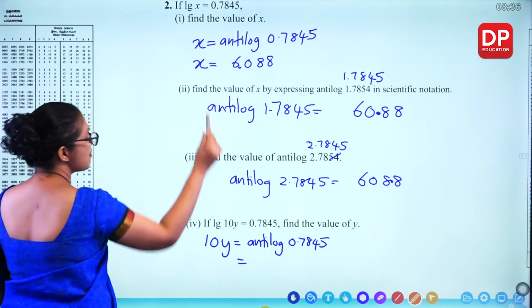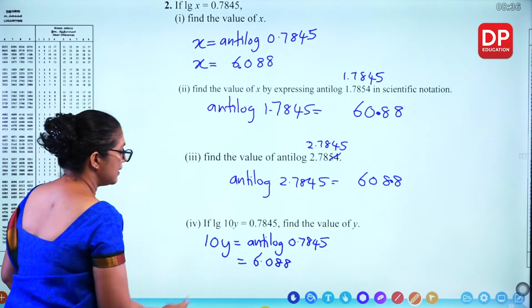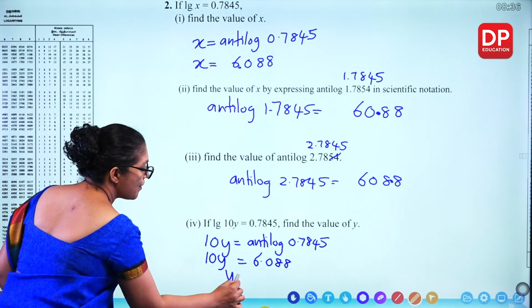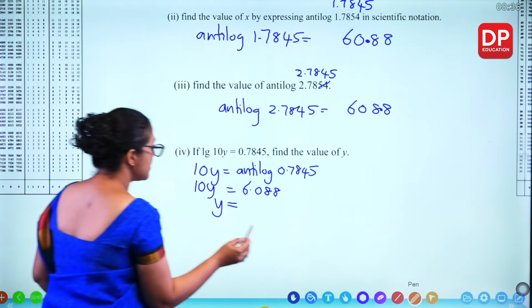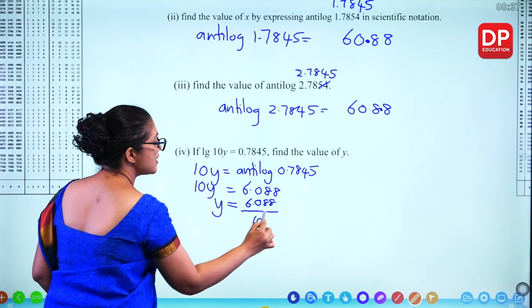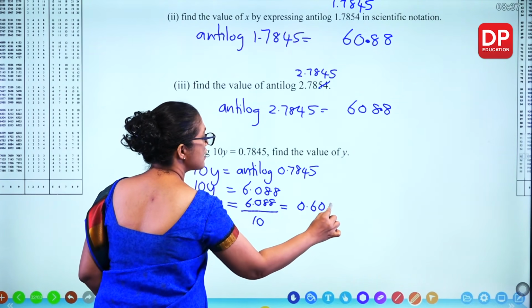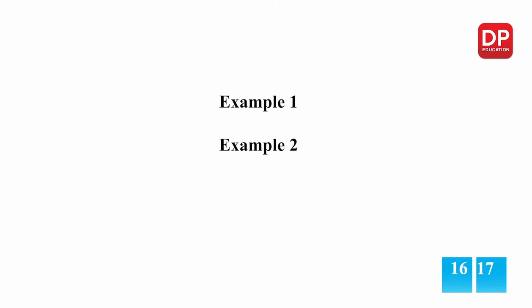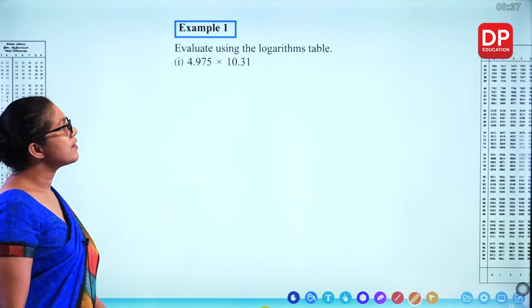We found 6.088. 10y is equal to this, and what is y? You need to divide this by 10. Divide this by 10, you get 0.6088.